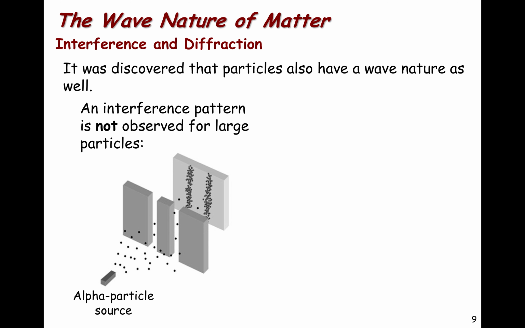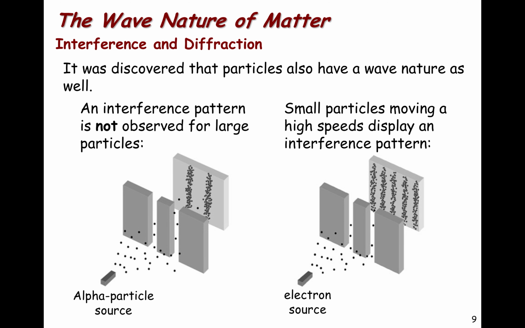However, if the particles are smaller, say for example electrons, the electrons tend to start to have some wave properties. According to the DeBroglie equation, there's an inverse relationship between the wavelength and the mass of the particle. So, if the particle has a very small mass, we would expect the wavelength to be bigger.